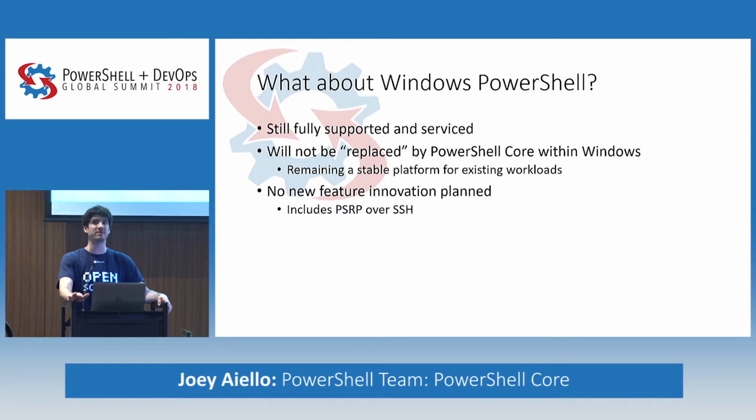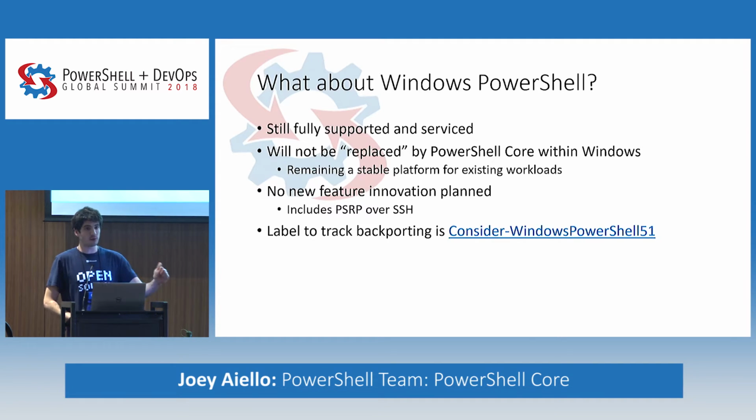What we have as an explicit non-goal is that 100% of your scripts will work as drop-in replacements, right? We want 96% of your scripts to work as drop-in replacements, and the 4% you're going to have to do some refactoring and some modernization into the new world. But it's not to say that we don't want modules that support everything in Windows working with PowerShell Core. Does that make sense? Cool.